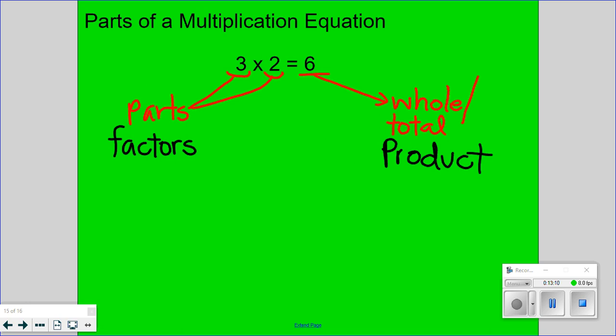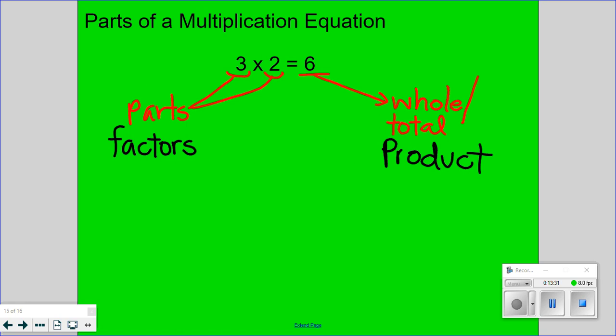Or what is the missing part? Or it might say, what is the product? What's the total? You're going to see those words, so I just want you to make sure you know what it means. So far, so good.